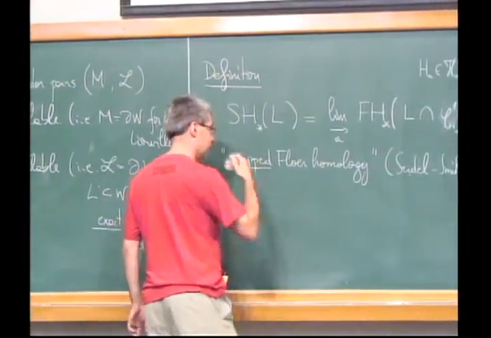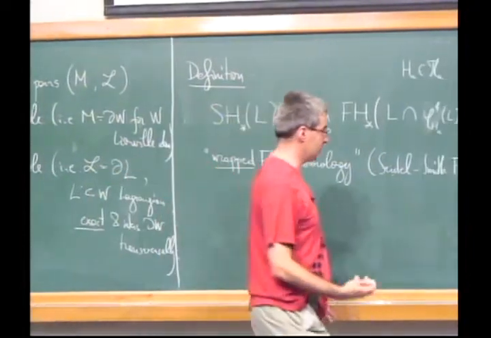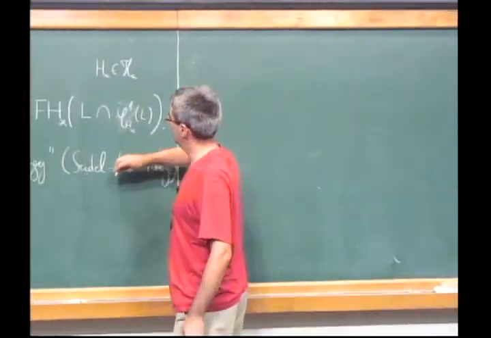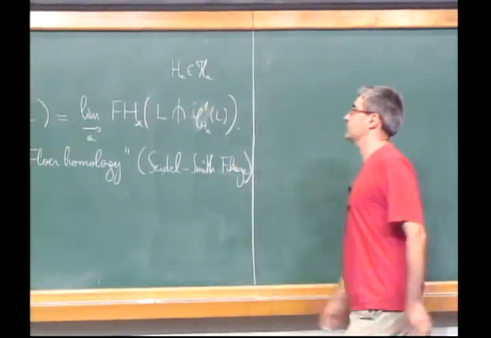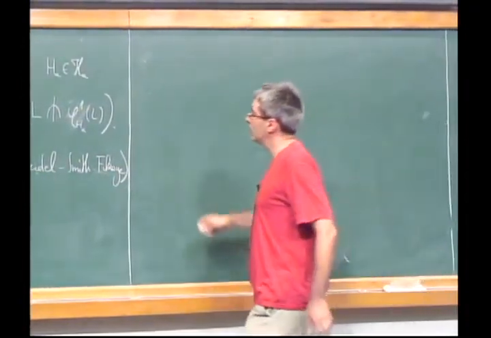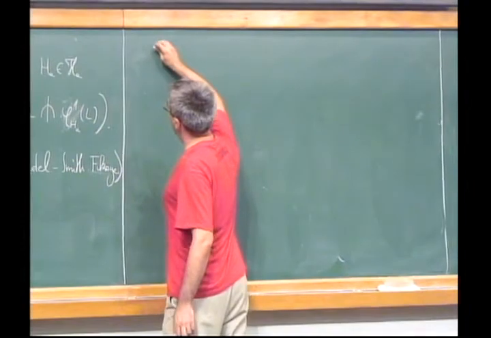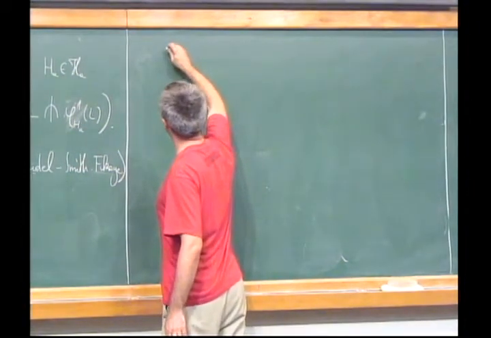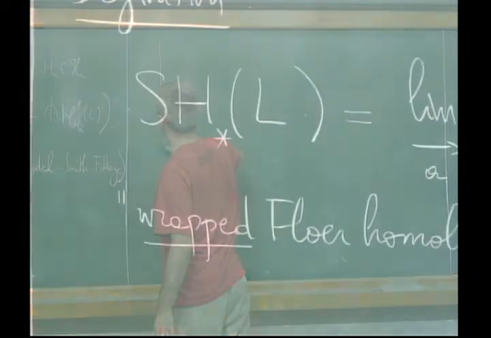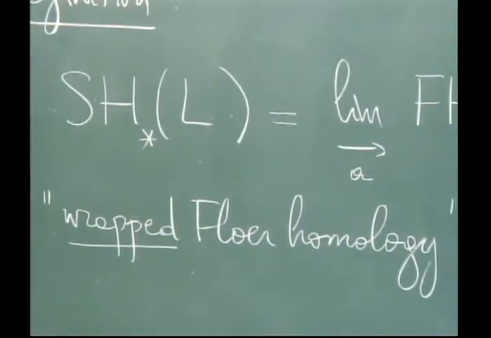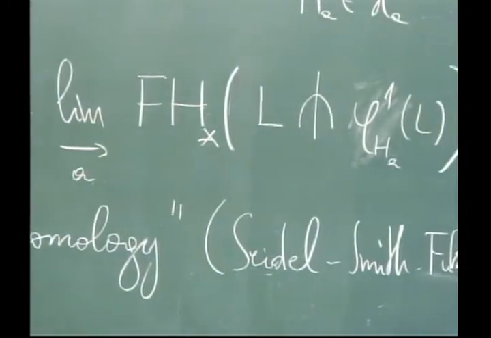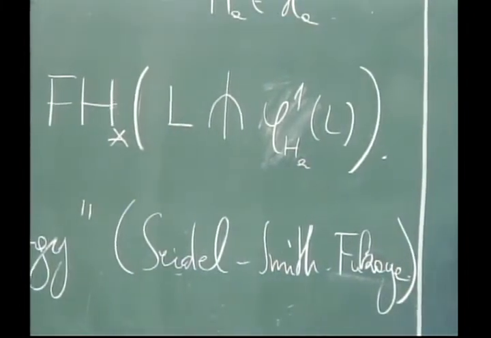Nevertheless, this name gives you some intuition. So what has happened here? I have this Hamiltonian H_A, on the boundary of W, with some maximal slope.